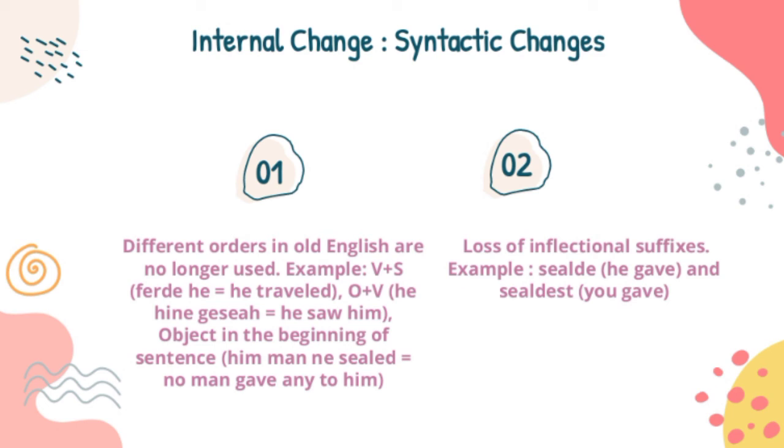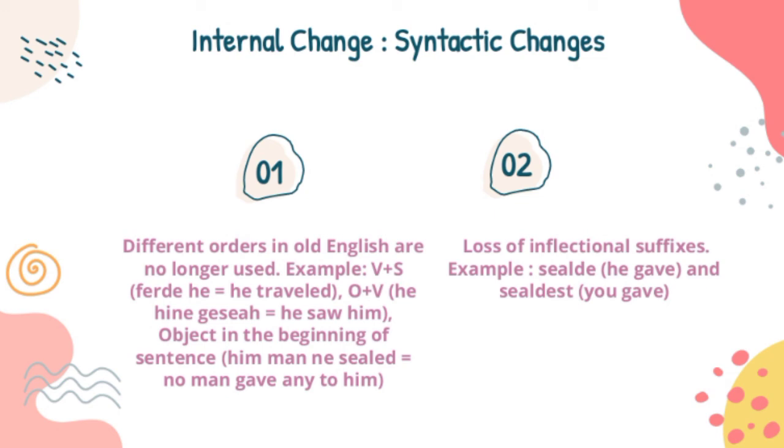However, the most drastic change in the form of English sentences was the loss of a large number of inflectional suffixes from many parts of speech. For example, silde means he gave, and sildest means you gave, differentiated by the inflectional suffixes e and est.